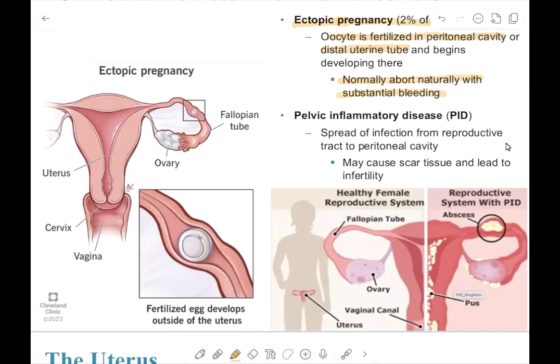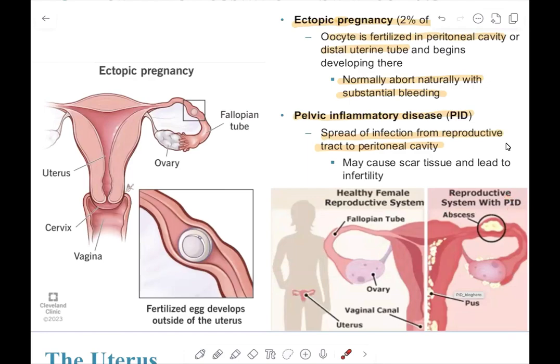Another homeostatic disorder is what's called pelvic inflammatory disease. It's a spread of infection from the reproductive tract to the peritoneal cavity. It may cause scarring and lead to infertility. So you can see on the left-hand side of this image, there's a healthy female reproductive system. On the right side, though, this reproductive system has PID, or pelvic inflammatory disease.